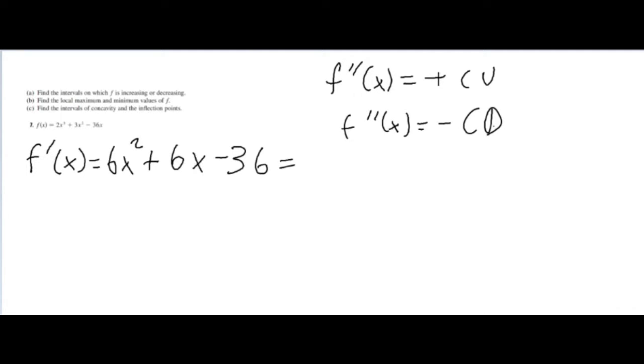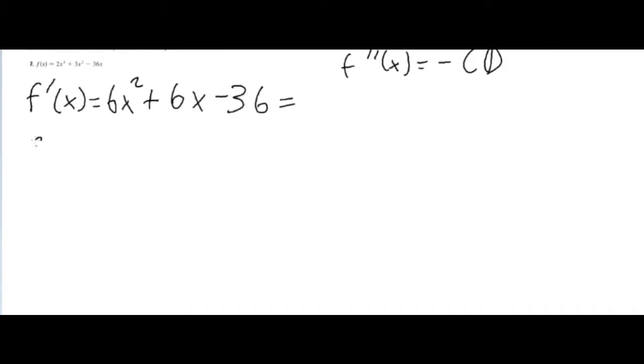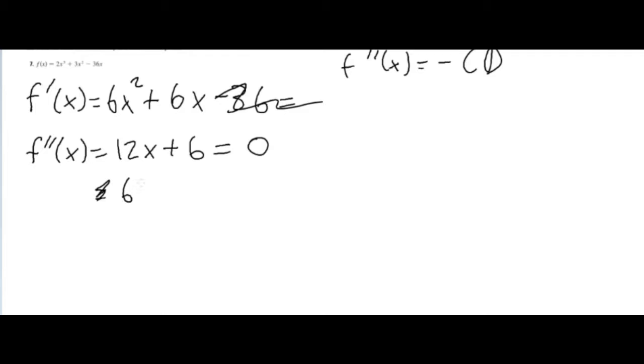So all we have to do is do basically exactly what we did for the first derivative for our second derivative. So we're going to have f double prime of x equals the same rule, 12x plus 6, and everything else deleted because that's a constant. If we solve for this as x equals 0, we have 12x plus 6, so take out 6, that's going to be 2x plus 1 equals 0.